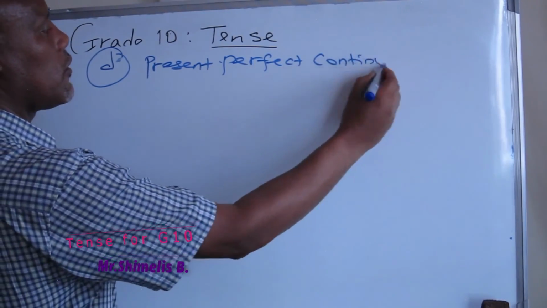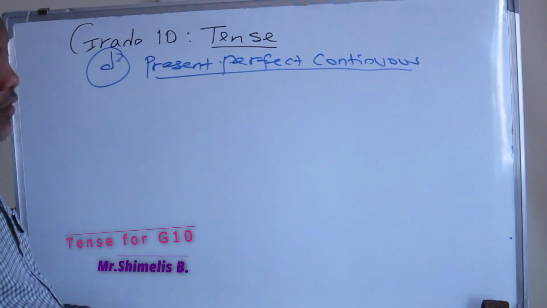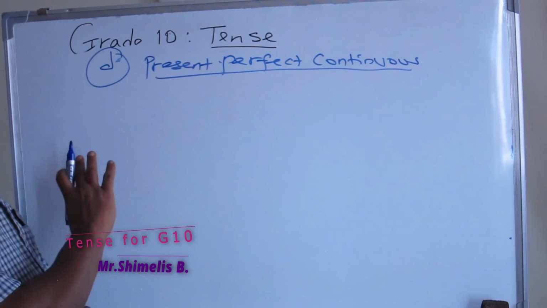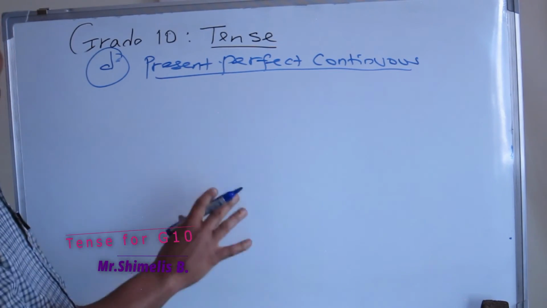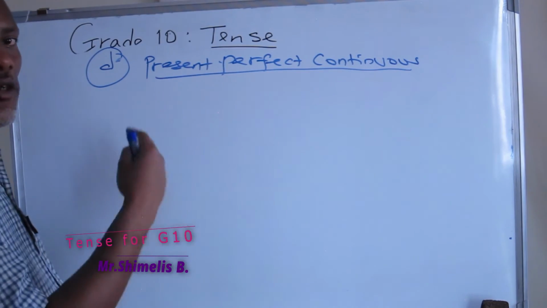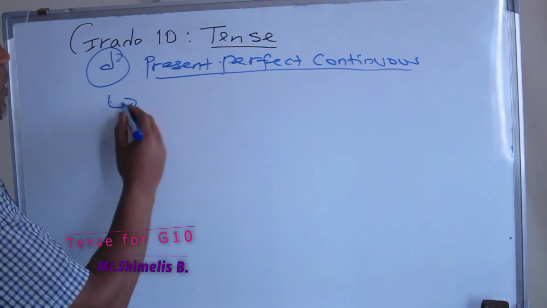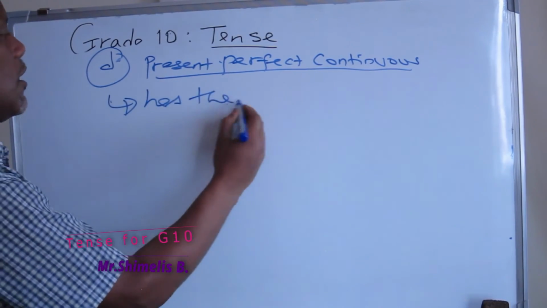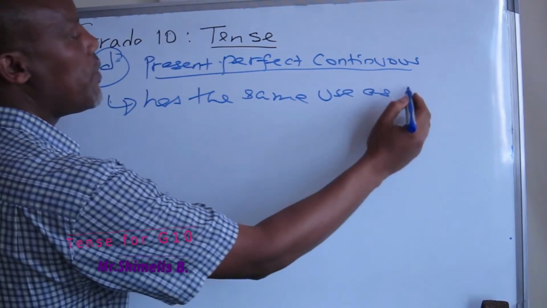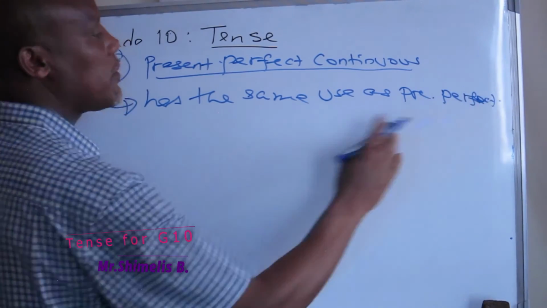Like present perfect tense, present perfect continuous tense also expresses an action which has started sometime in the past and which comes up to the present, or an action which has happened in the past but whose effect is still going on. Okay, so they have the same use as present perfect.